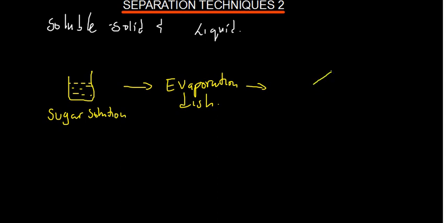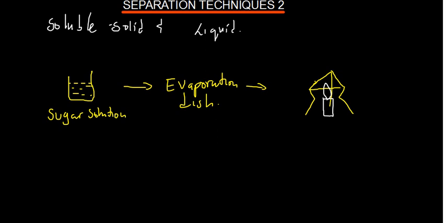All right. So here we are going to put a tripod stand, something like that. And then we're going to get an evaporation dish. So I'm going to have a candle or any source of heat. I'm going to put a source of heat here. So this thing is burning, okay? It's burning like that.